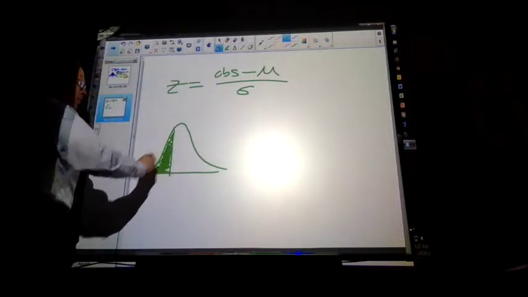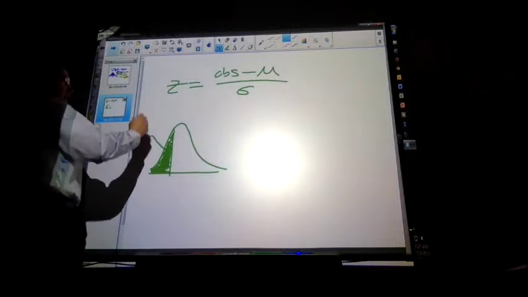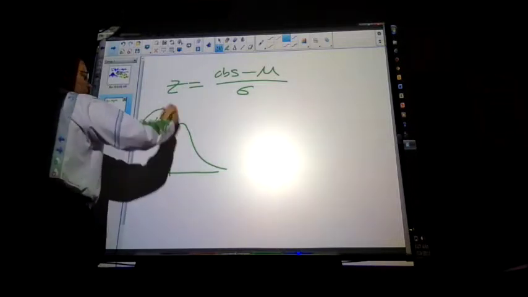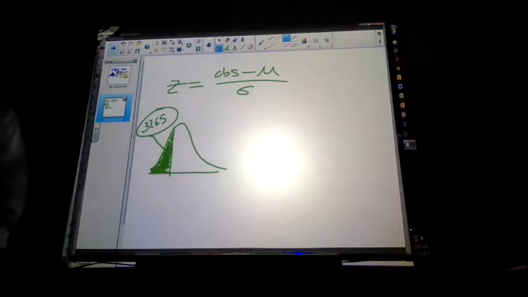Let's say we are given a problem that tells us that this area is 0.3265. We have the area of 0.3265, or 32.65%. So 32.65% of our area is to the left of this curve. So what I want to do is find what my observed value is.